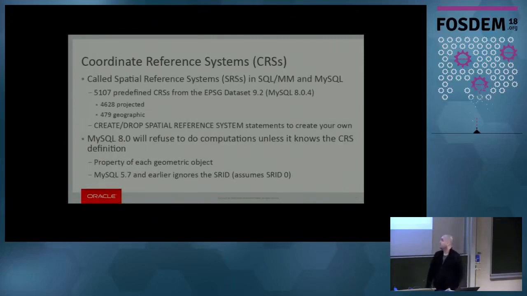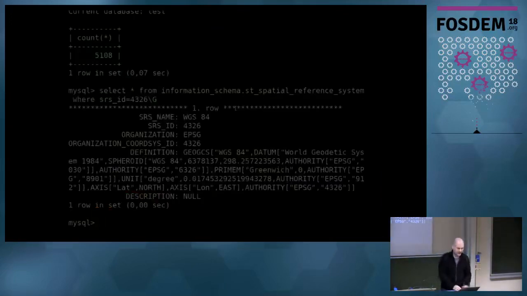MySQL 8 will refuse to do computations unless it knows the definition. So in 5.7 it wouldn't care, but here, let's do a no-op more or less. Select ST_GeomFromText point(0 0), SRID 1, which is not defined.